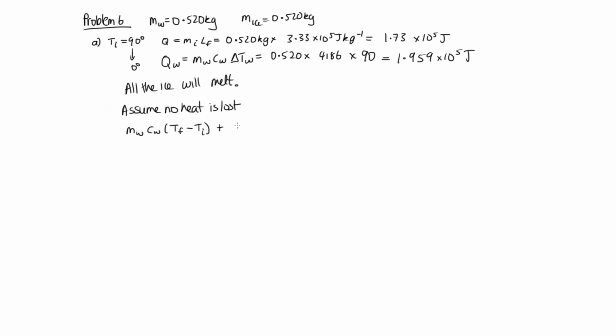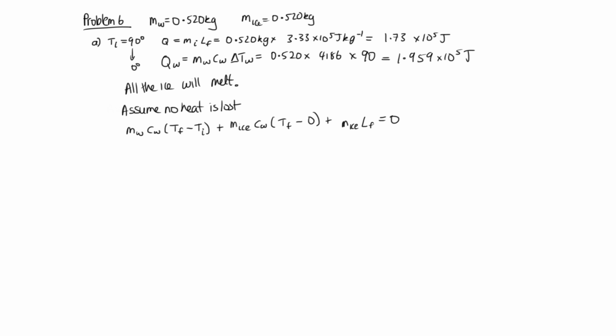Once it's melted, it then raises its temperature from 0 degrees up to the final temperature. So we can write that as mass of ice times C_W, because once it's melted, it's water, so it's got the specific heat of water. Now, the final temperature is the same as the final temperature of this water, but the initial temperature is 0, because this is as soon as it's melted. And then the ice also needs the energy in order to melt. So that's the mass of ice times L_F, the latent heat of fusion. And this equals 0 because we're assuming no heat is lost.